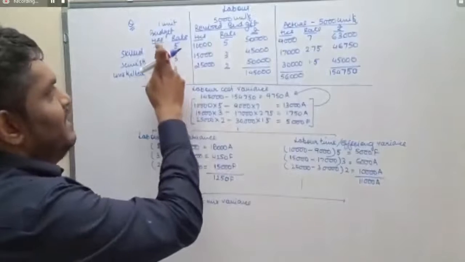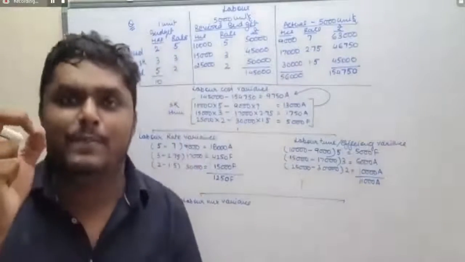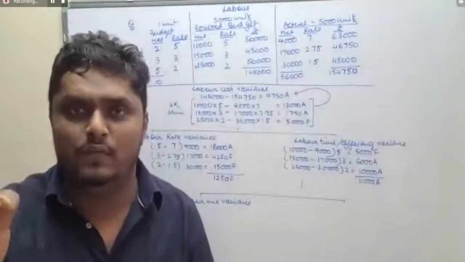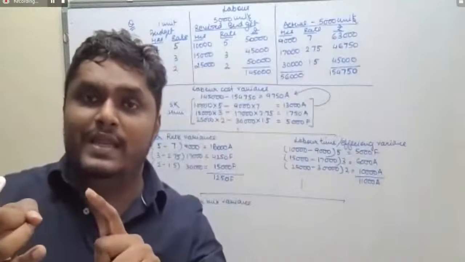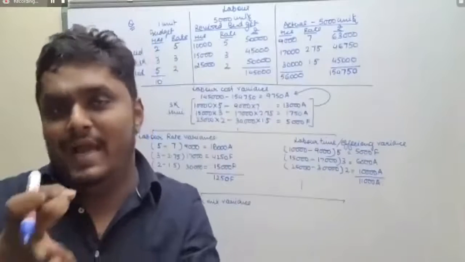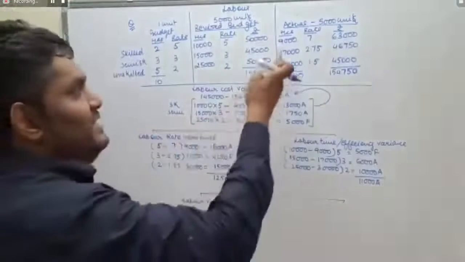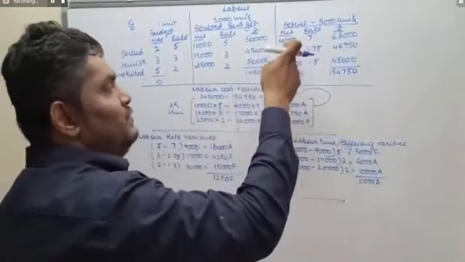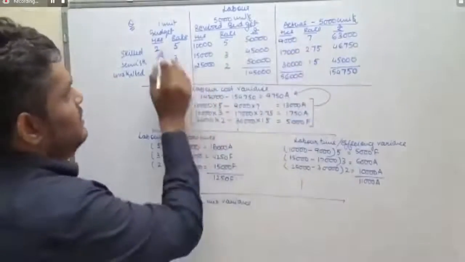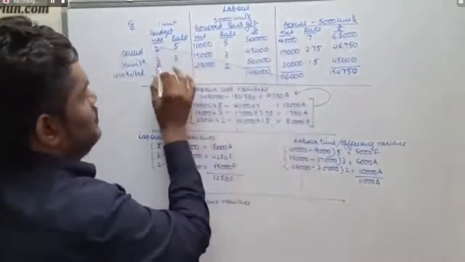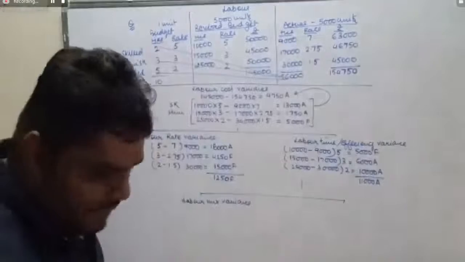The mix should be in the ratio of 2 hours is to 3 hours is to 5 hours. That is, whatever products we are manufacturing, the labor workforce who are working should be in the ratio of 2 hours for skilled, 3 hours for semi-skilled, and 5 hours for unskilled. But we changed the ratio to 9 is to 17 is to 30. So let's calculate first of all the mix variance. So this 56,000, the actual hours totally worked, should be in the ratio of 2 is to 3 is to 5.